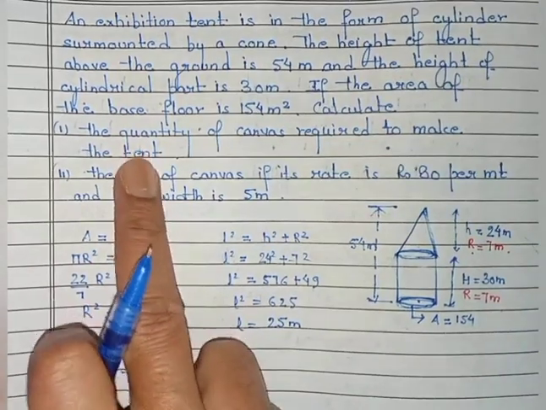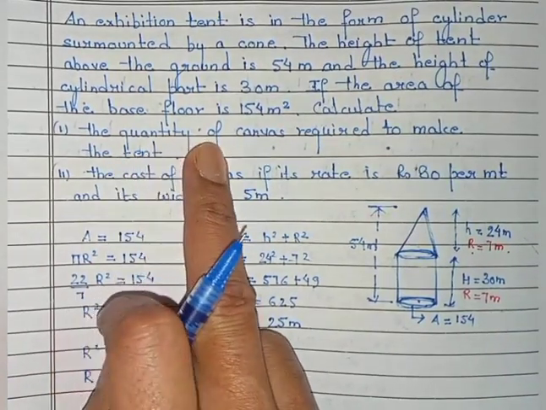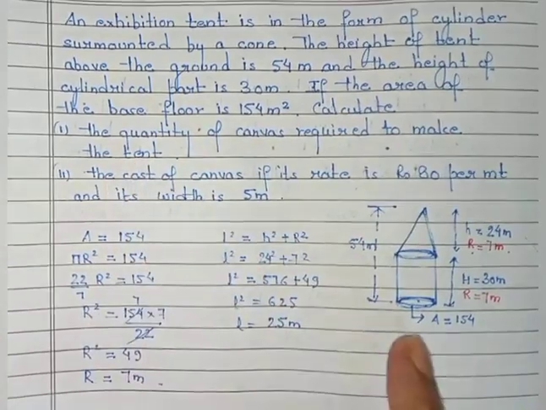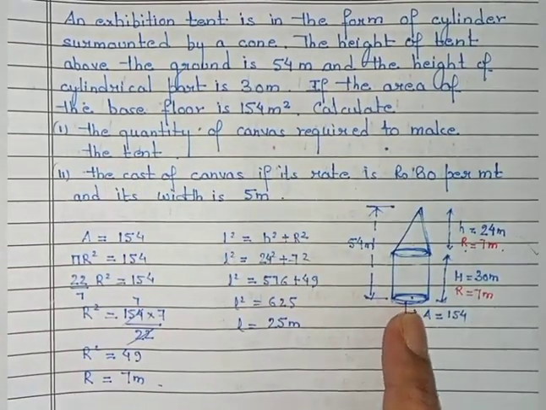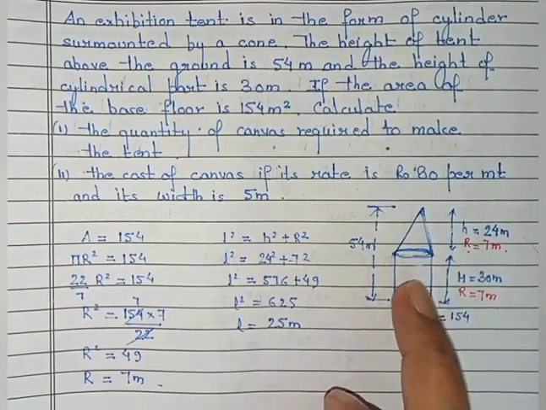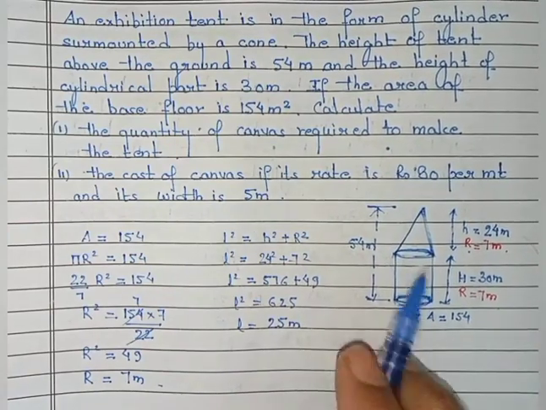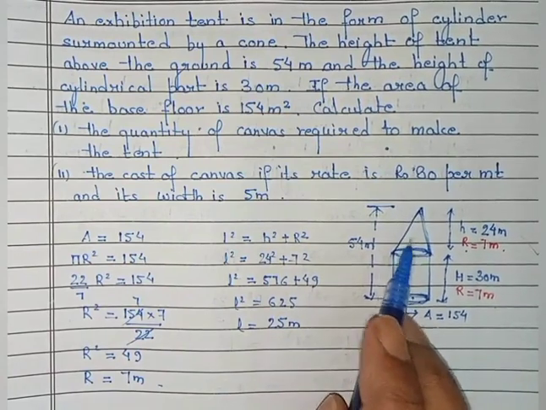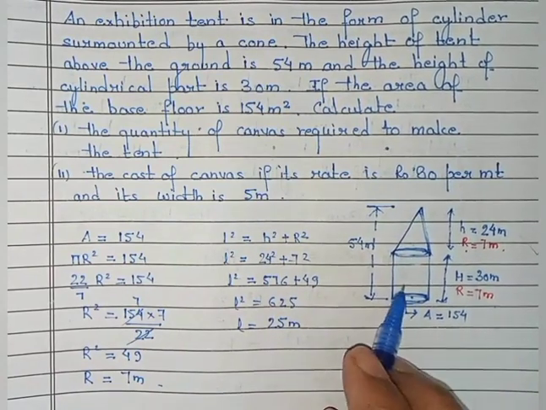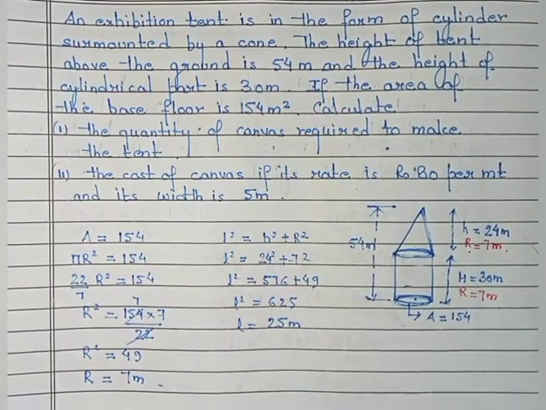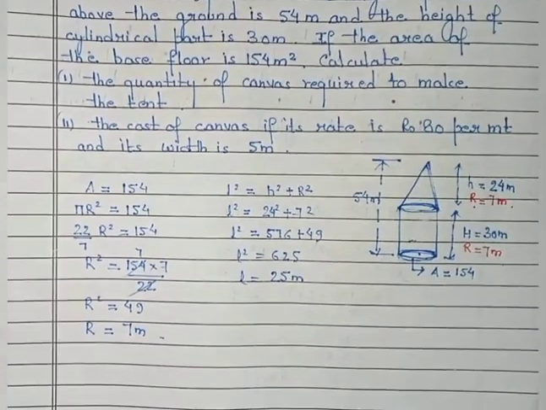Now the first part says you have to calculate the quantity of canvas required to make the tent. The canvas will be required only on the curved surface area. So canvas required will be equal to the curved surface area of the conical portion plus the curved surface area of the cylindrical portion. So let's apply the formula.